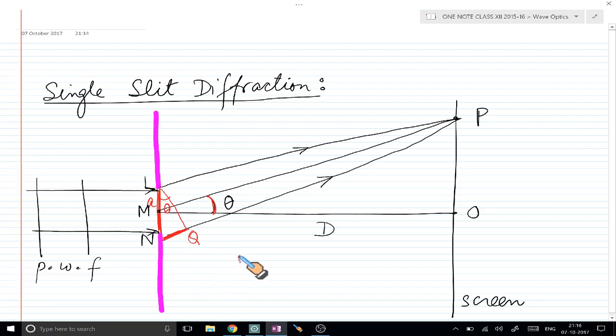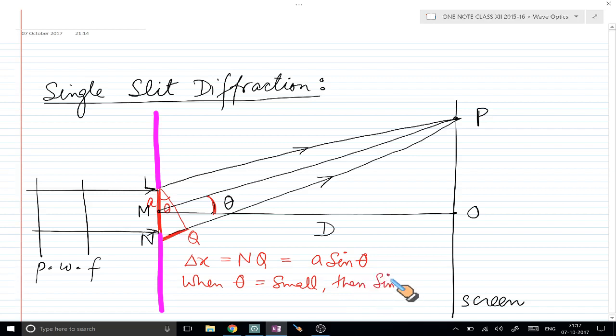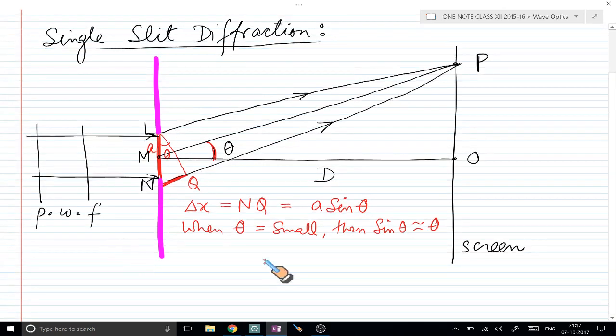So NQ is the path difference delta x, which is a sine theta. When theta is small, sine theta is approximately equal to theta, so the path difference delta x is a theta.